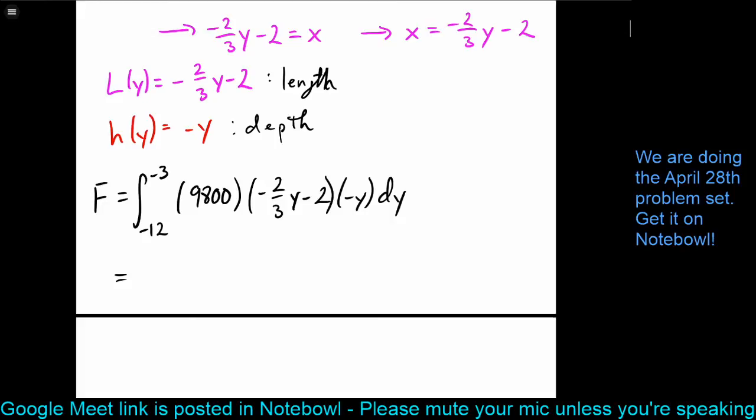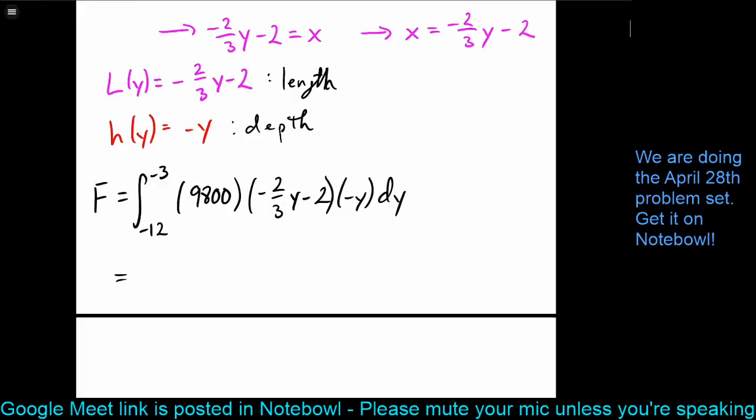So we want to integrate 9,800 times minus 2/3 y minus 2 times minus y. We want to integrate that where y goes from -12 to -3.